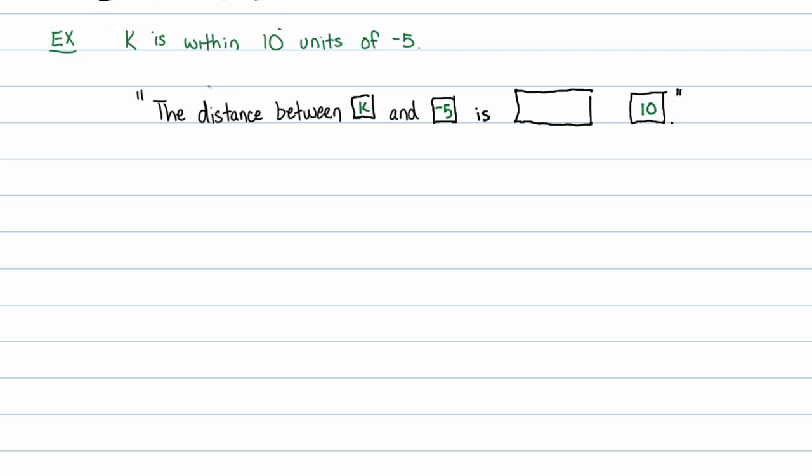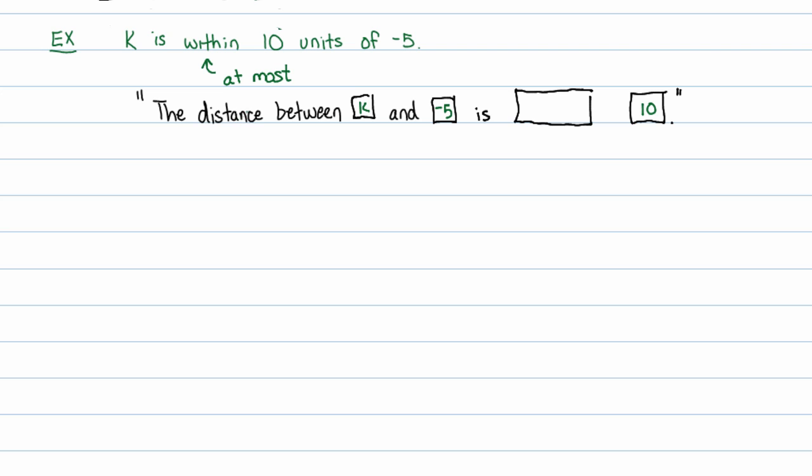Now, within is a very strange word for inequalities. Some people could argue that it means you can actually be 10 units away. Some people can argue successfully that it means that you can't be 10 units away, you have to be closer than 10 units away. I can see either. So I'm going to pretend as though this means that you can be at most.